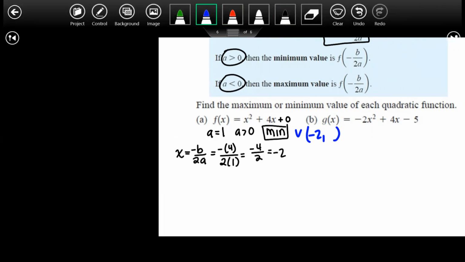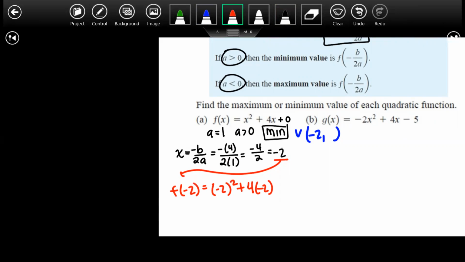Now we have to figure out the y output for this. So we're going to take this -2 and plug it back into f of x. So it's going to be f of -2. If we plug it in, it's going to give me an output value. That's what I'm looking for. I'm going to do -2 squared plus 4 times -2 plus 0. 0 doesn't matter, so I don't need to add it.